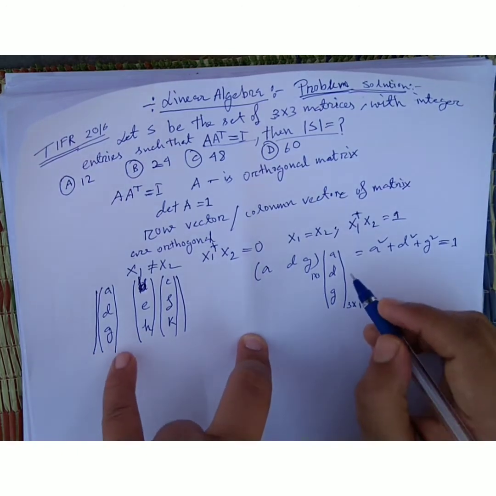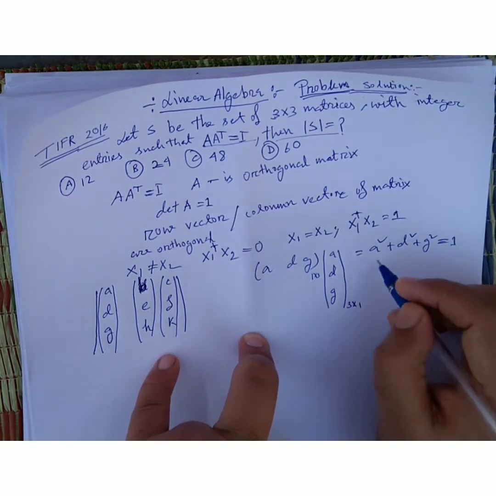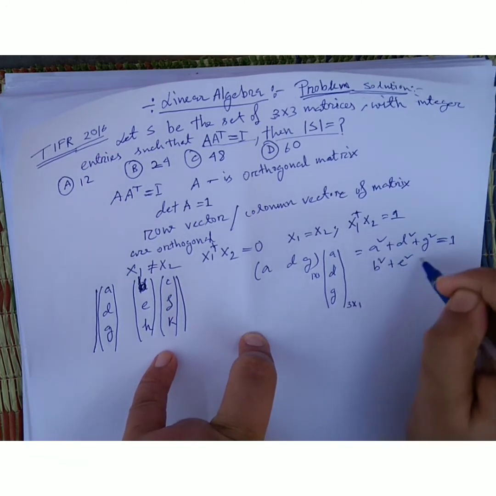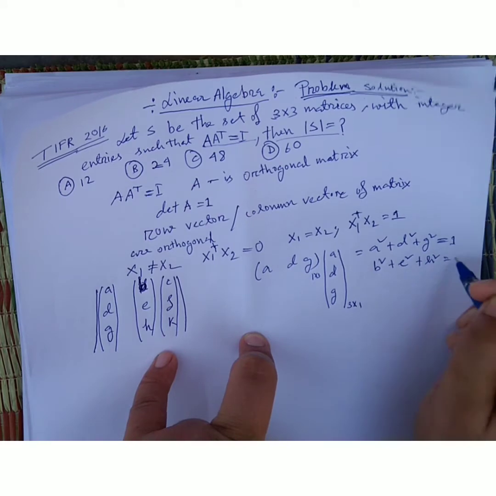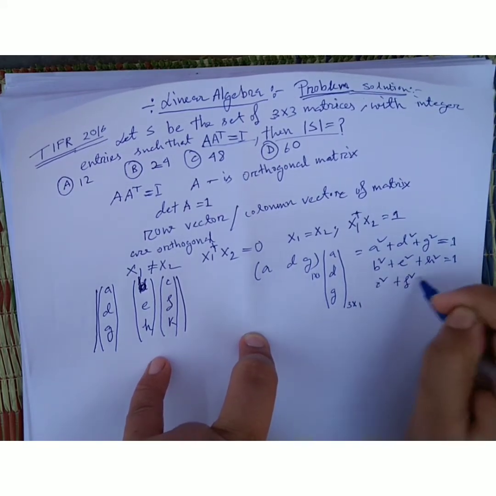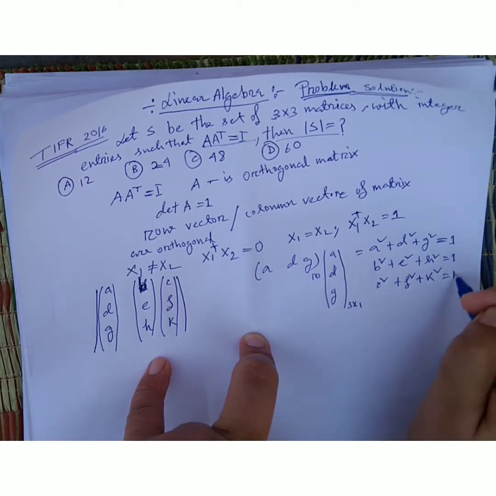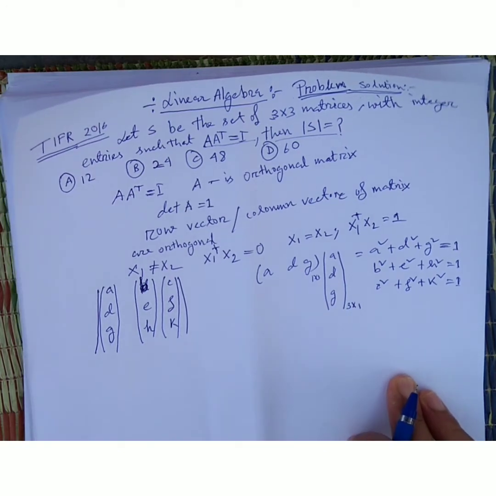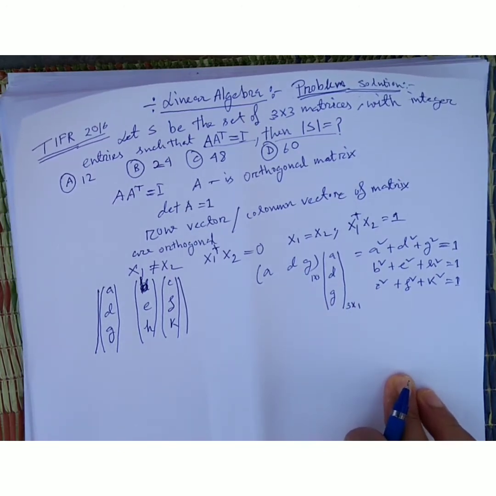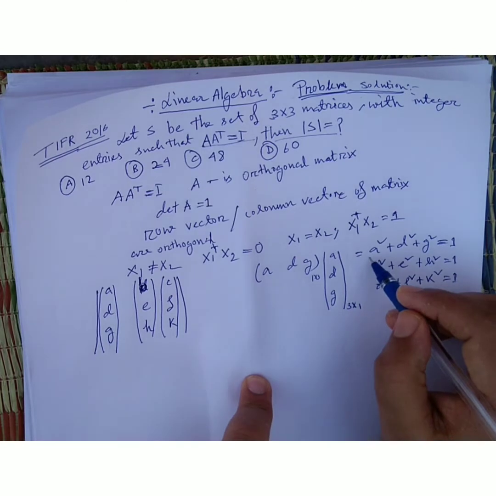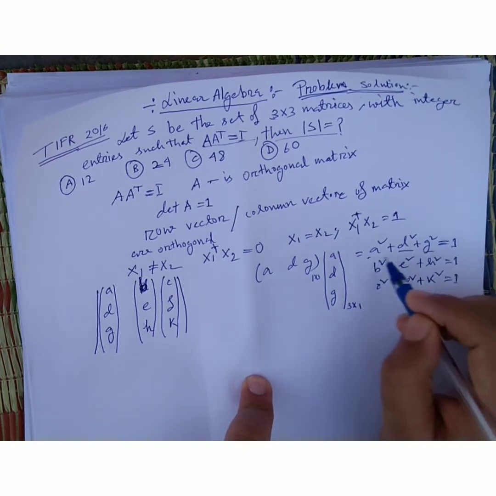Similarly, B square plus E square plus H square is equal to 1, and C square plus F square plus K square is equal to 1. And I have to find out the number of S, how many 3 cross 3 orthogonal matrices I can get.